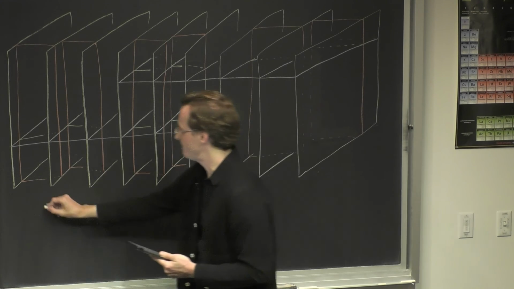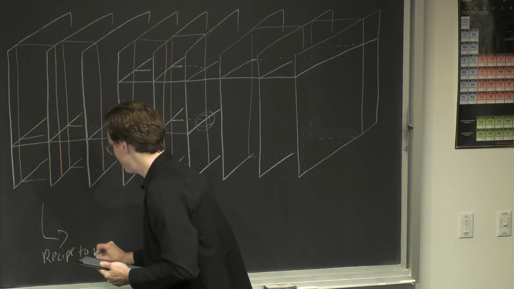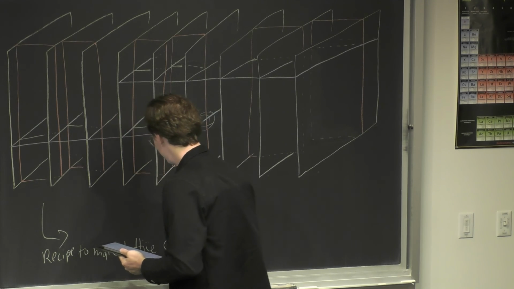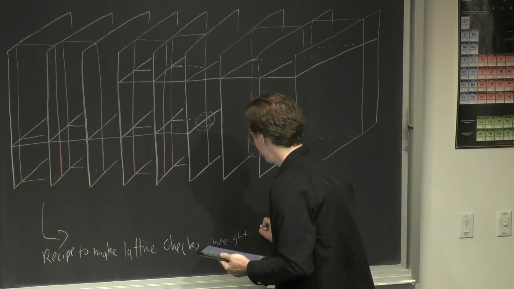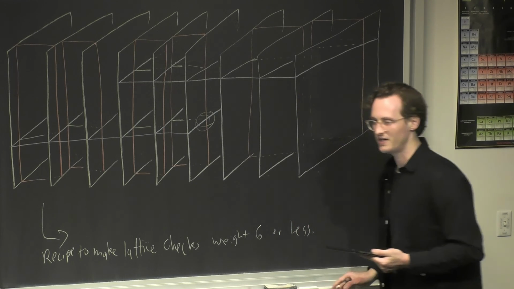And because of all these little cases, there are a bunch of different types of checks. But, yeah, I should say this: a recipe to make lattice checks of weight 6 or less, which is kind of nice.